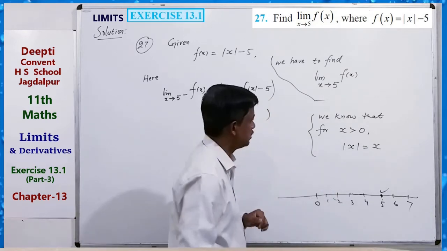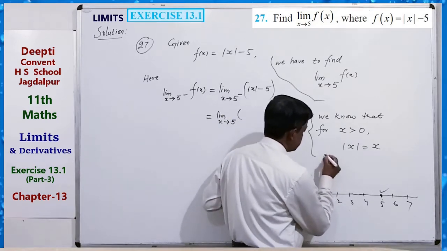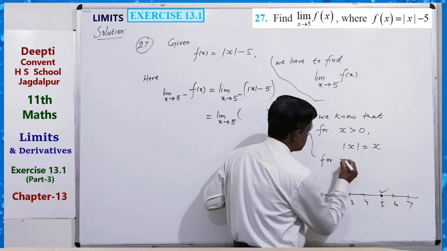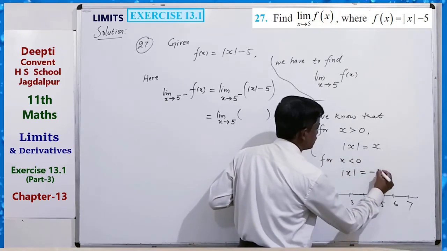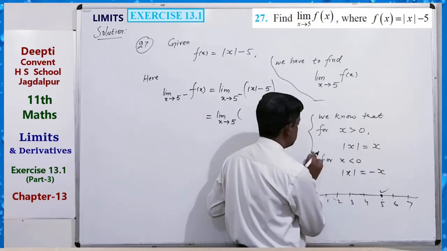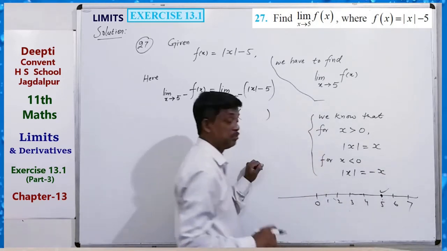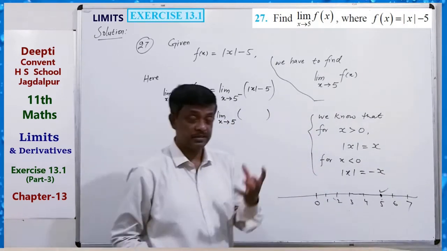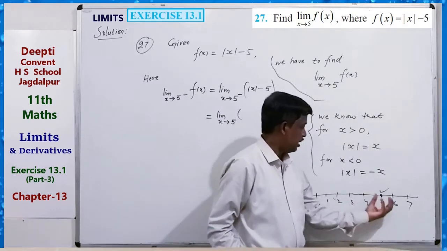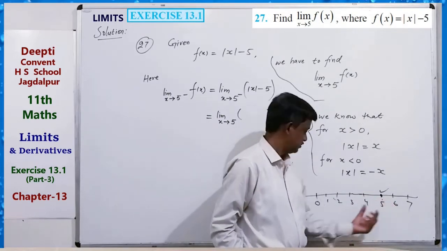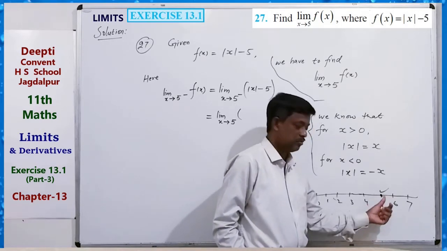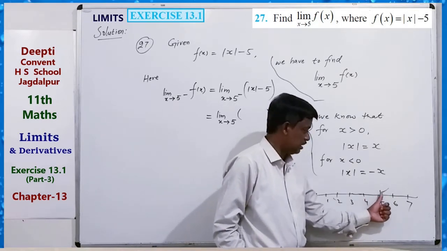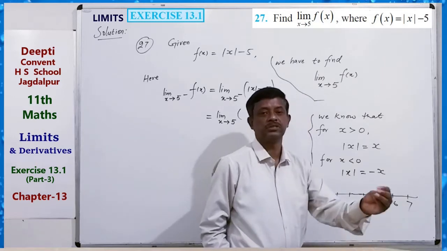And for x less than 0, mod x equals minus x. This is the definition of modulus. But here just see that 5 is always greater than 0. Its nearer values, the left side of 5 and right side of 5, are positive.